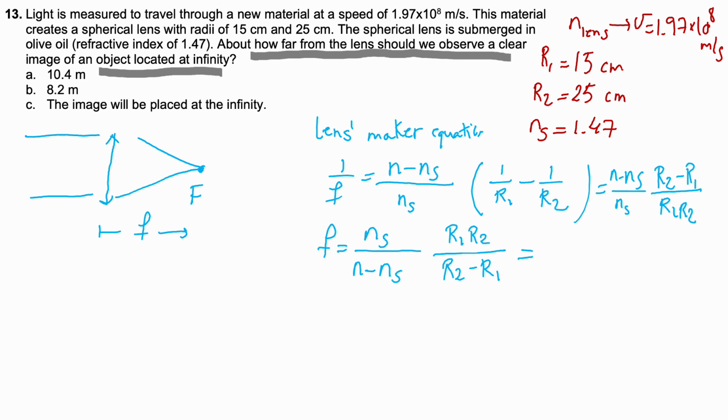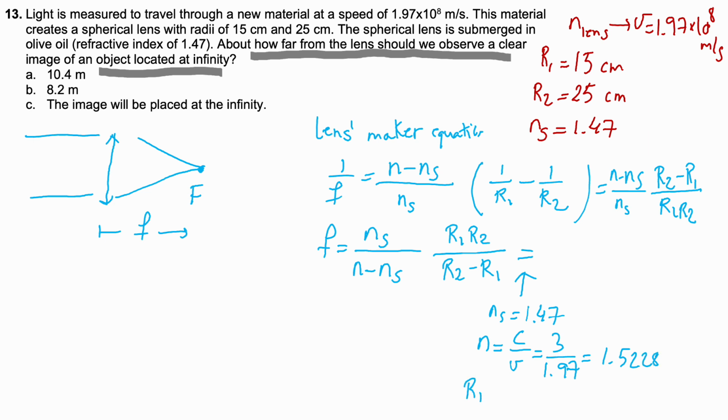Now we know exactly everything. The refractive index of the surrounding medium is that of the oil. We don't know the refractive index of the lens, but it is c over v, so 3 times 10 to the 8 over 1.97 times 10 to the 8, which is 1.5228. This is the refractive index of the lens.